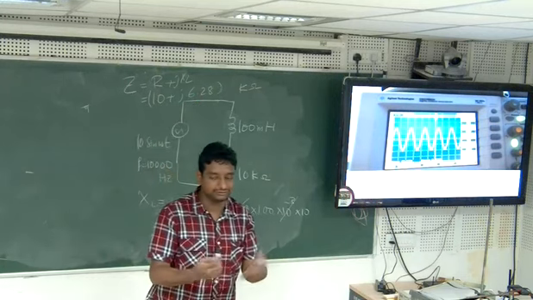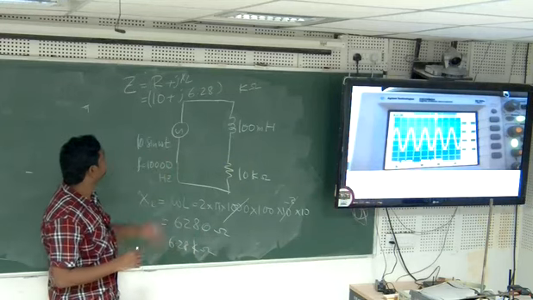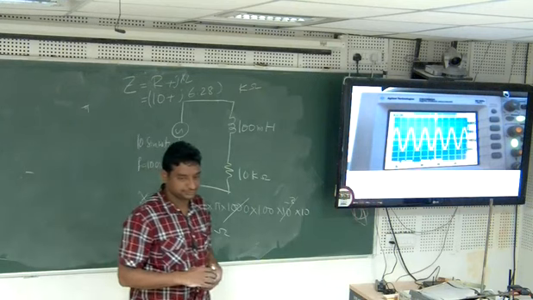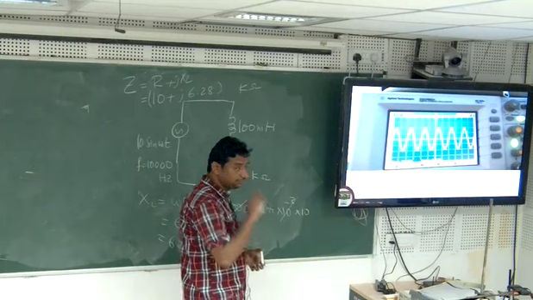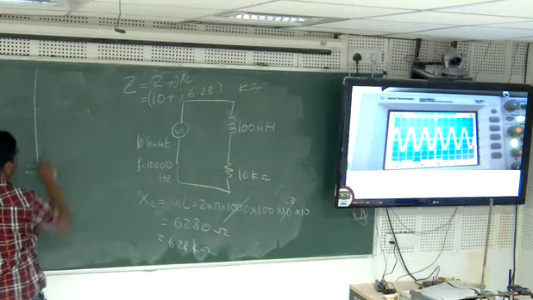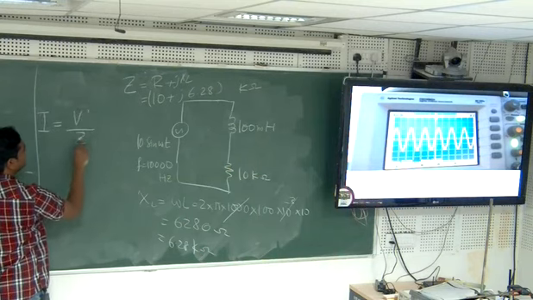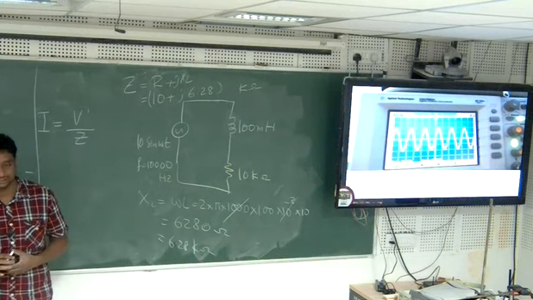So can someone convert it and tell me? So this is a complex number, convert it into polar form. So I have some place here, I'll write, see, I is equal to V by Z. This is just Ohm's law for AC circuits.